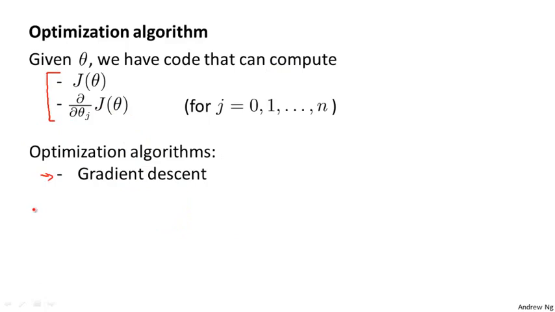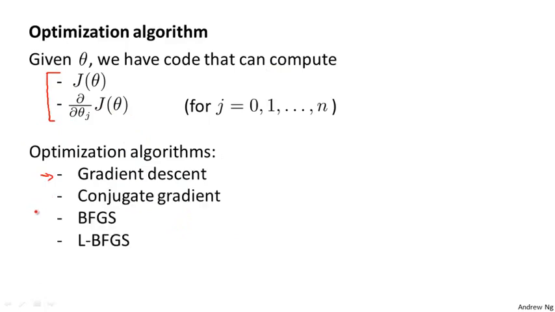But gradient descent isn't the only algorithm we can use, and there are other algorithms, more advanced, more sophisticated ones, that if we only provide them a way to compute these two things, then these are different approaches to optimize the cost function for us. So conjugate gradient, BFGS, and L-BFGS are examples of more sophisticated optimization algorithms that need a way to compute J of theta and need a way to compute the derivatives, and can then use more sophisticated strategies than gradient descent to minimize the cost function.